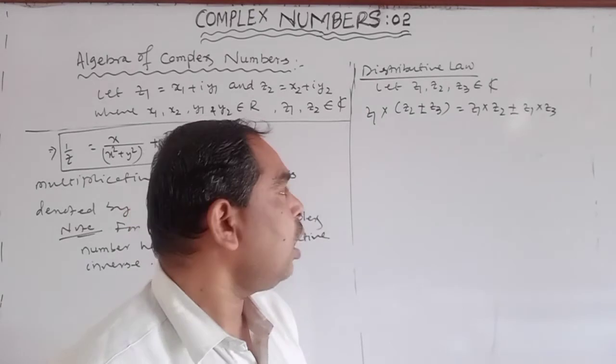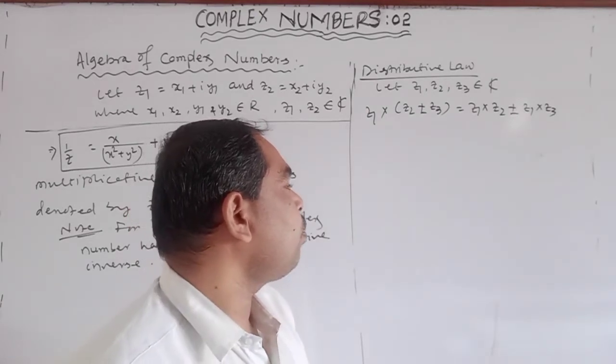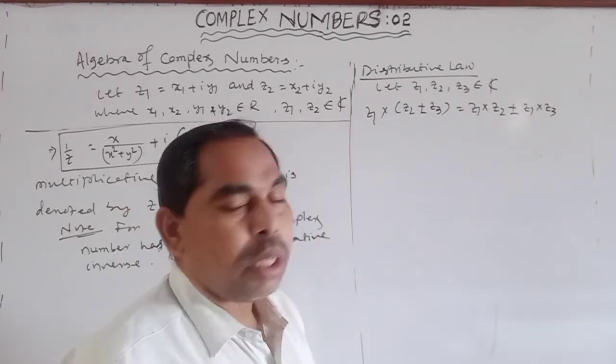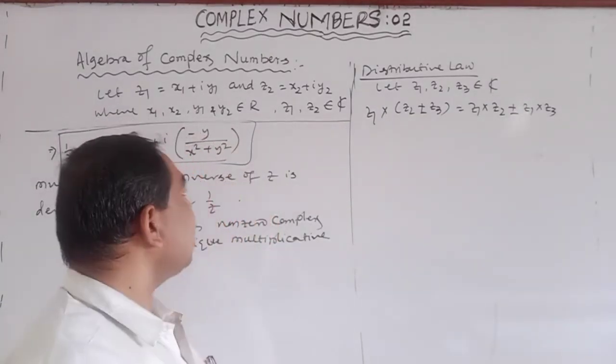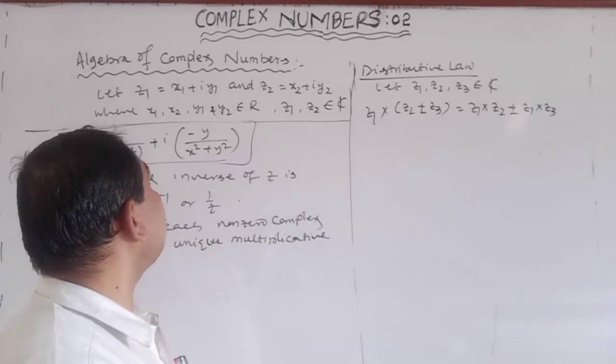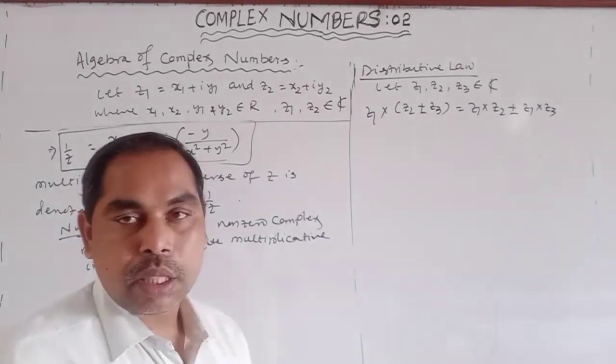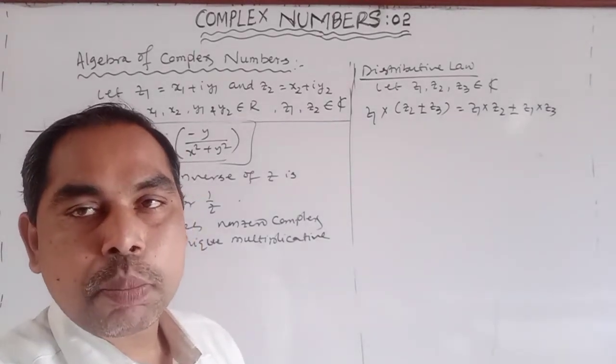This is called the distributive law, multiplication over addition or subtraction. These are the properties of multiplication of complex numbers. Next, division of complex numbers.